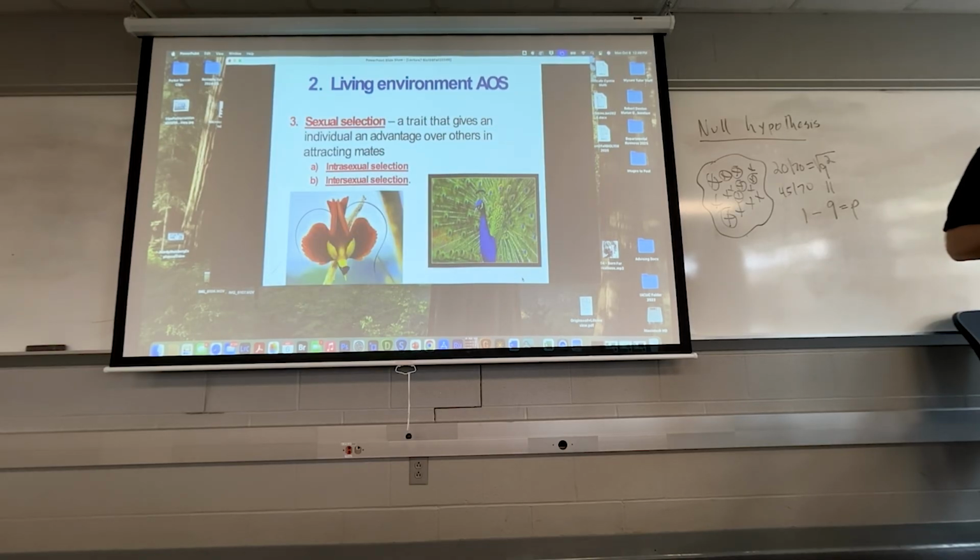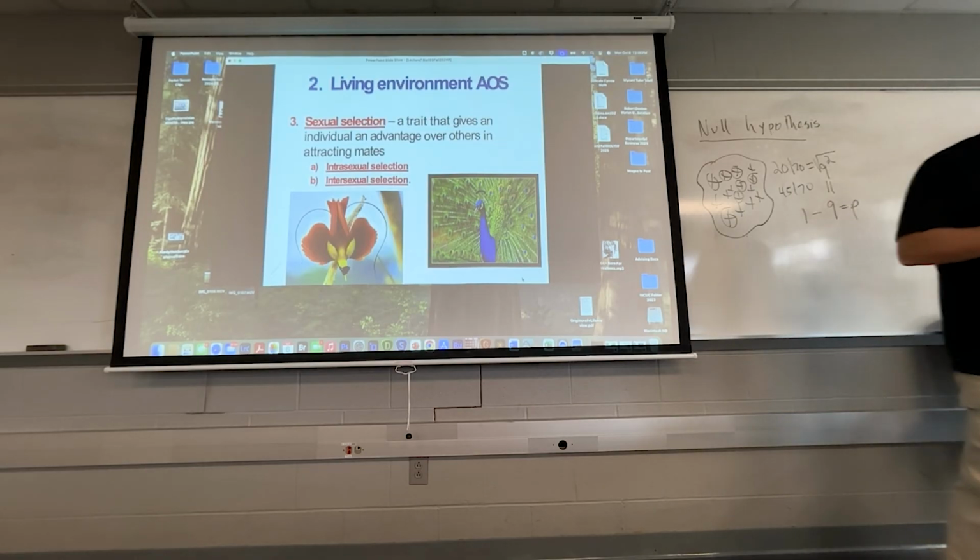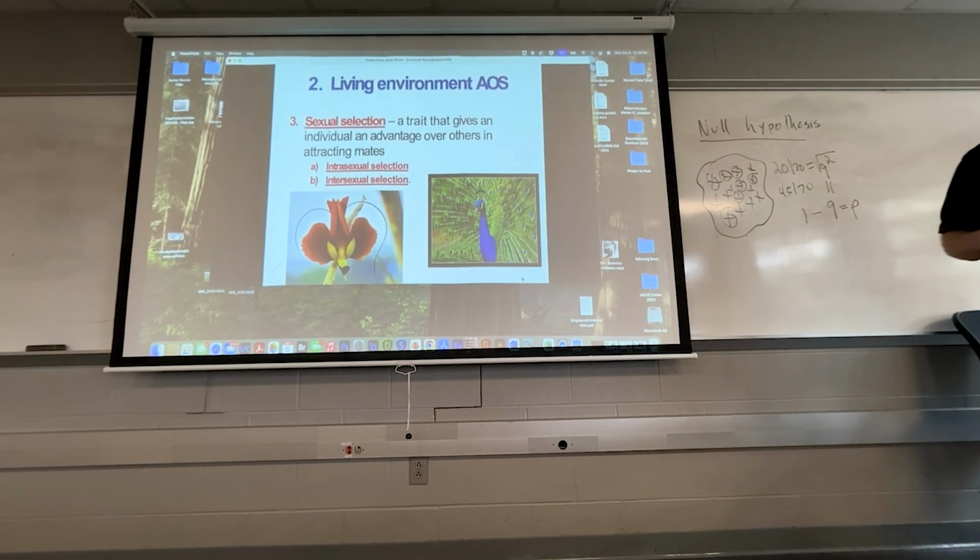The third one is called sexual selection, which is huge in a lot of organisms. This is where there's either competition between the males or females in a species, or one of the sexes is selective over the other.